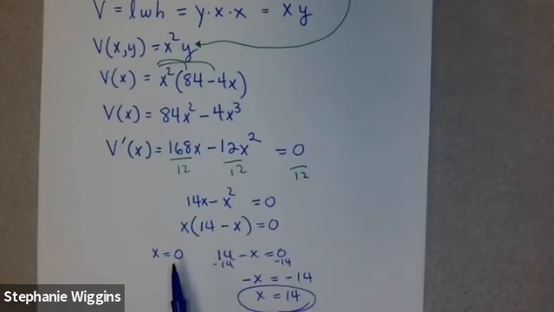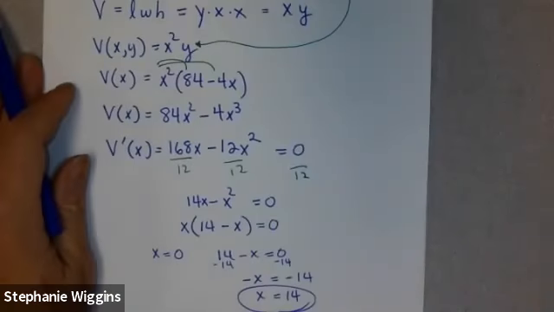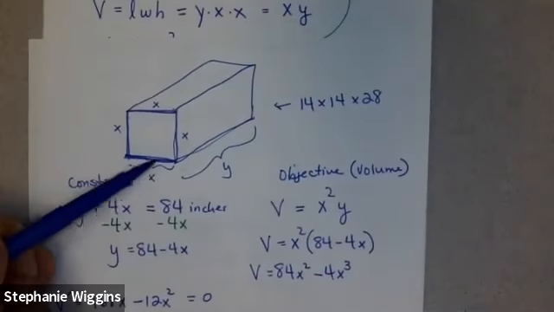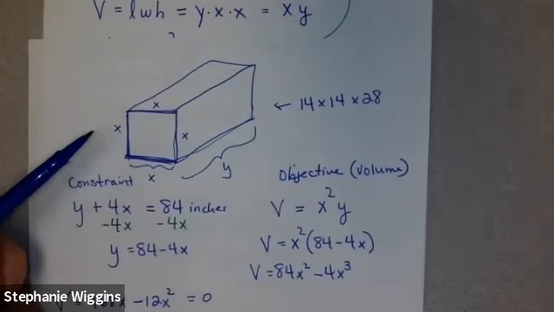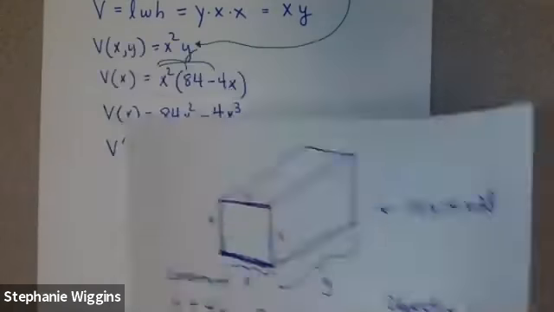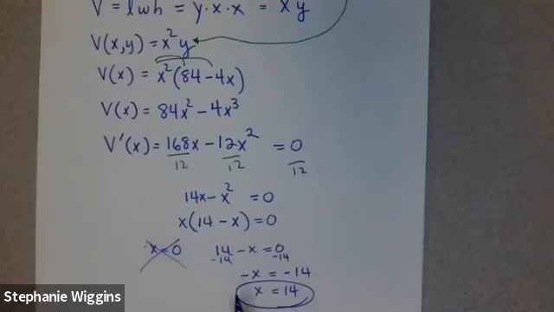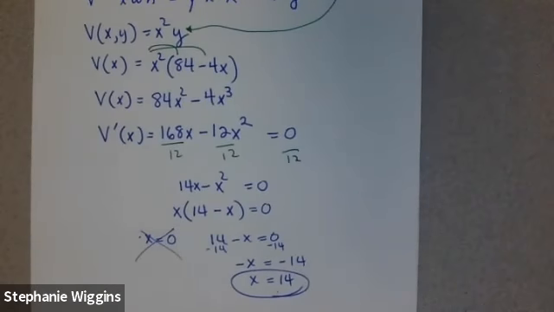So this is the correct solution. Why does 0 not work? Well, think of it in the context of the box. You don't want to have a box with 0 width and 0 height, right? That wouldn't work too well. So this is not a valid solution, but 14 sounds good.